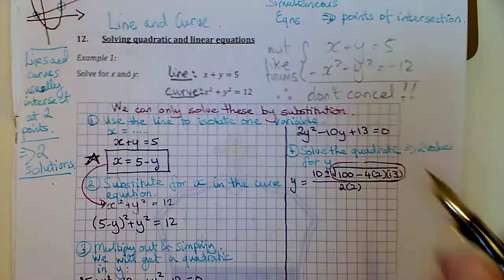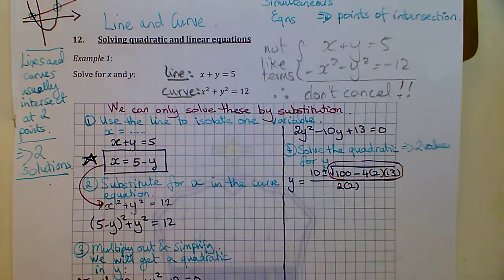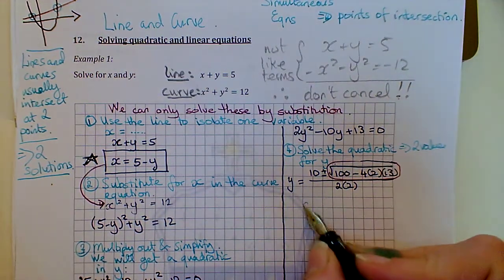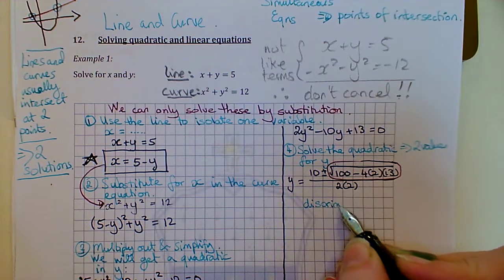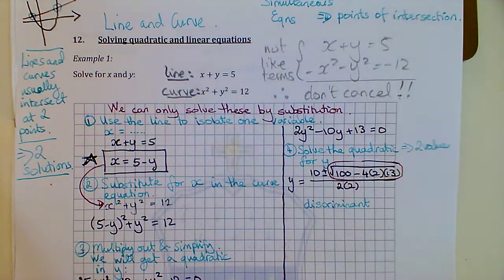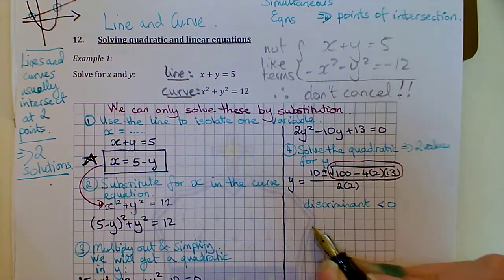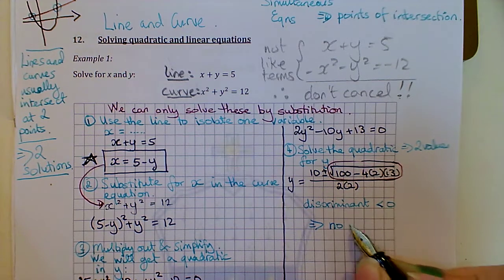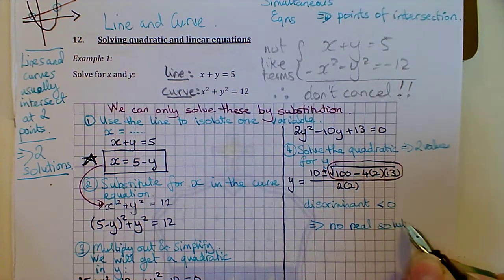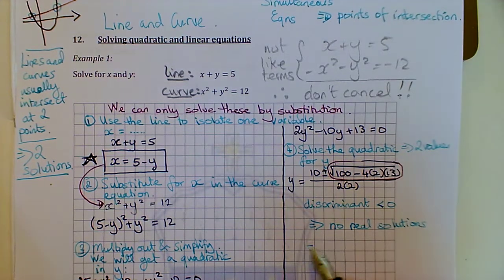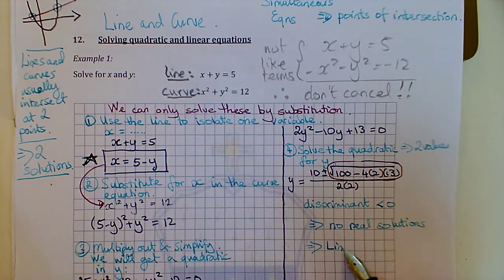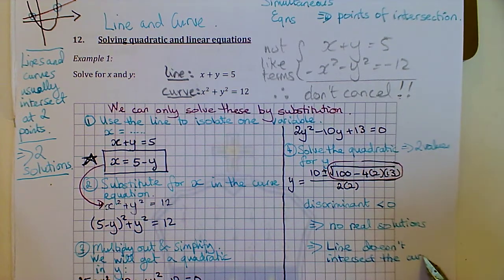Okay, so the discriminant in this case is less than 0, so that means no real solutions, which means the line doesn't intersect the curve that I'm given here.